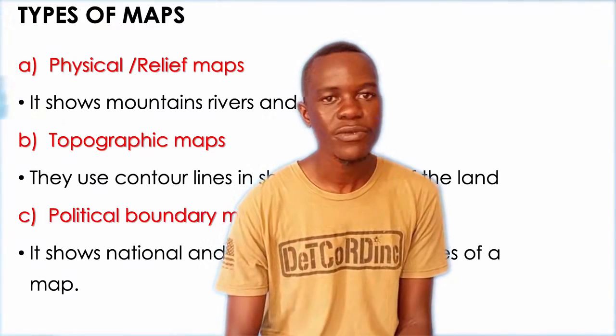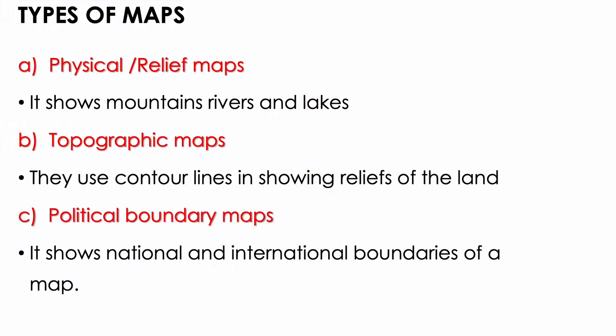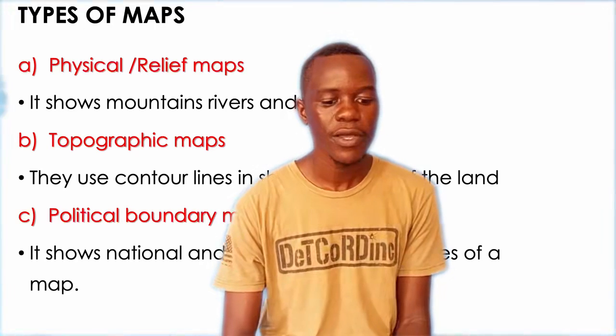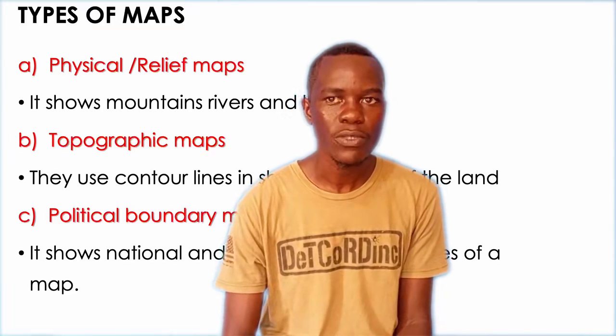And for international, you find the different divisions of countries, the demarcation of countries, that is the international boundaries. So the political map will show the demarcation of boundaries of different countries on the world map.